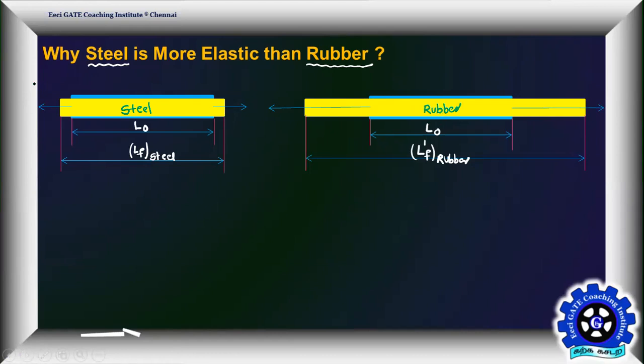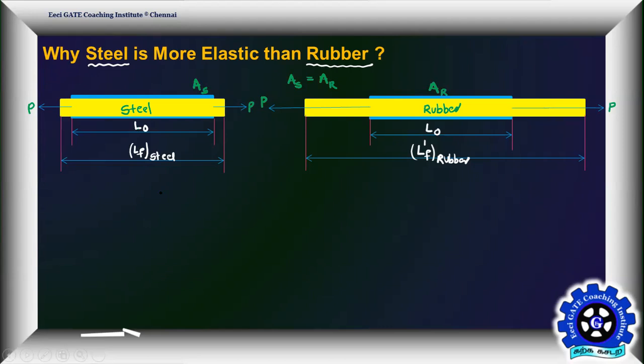Once you apply the same load P here, and here also you apply P, the same load, and the same area of cross section, A steel and A rubber. So area of cross section of the steel is equal to area of cross section of the rubber.